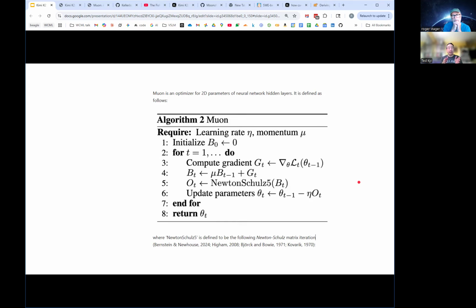If you imagine that the valley is running north-south and the slopes are all in the east-west direction, you're going to have a ginormous gradient in the east-west direction and a very small one in the north-south. But if it scales all of them to be one, then effectively you're decreasing the amount of movement east-west and increasing the amount of movement north-south, which is what you want, right? You want to move along the valley floor, which I've said is north-south.